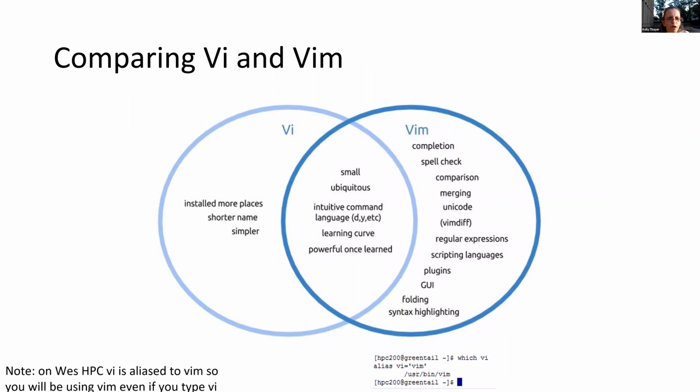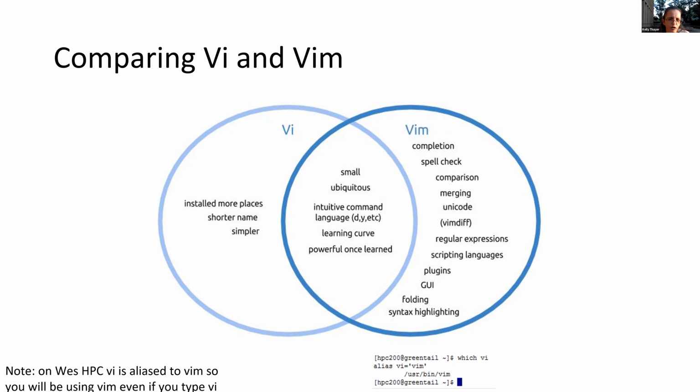VI and Vim, in fact, are more or less merged into a single program these days. It used to be that disk space was an issue, and so Vim, being a little bit larger, was reserved for larger systems, but this is not really a problem anymore.